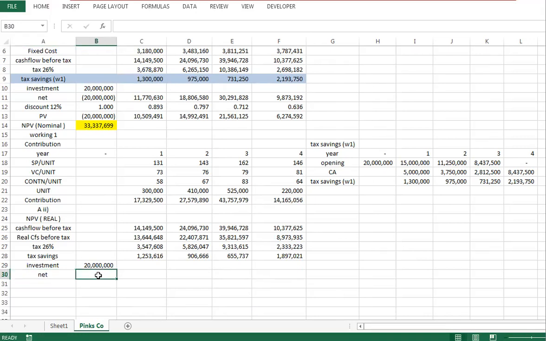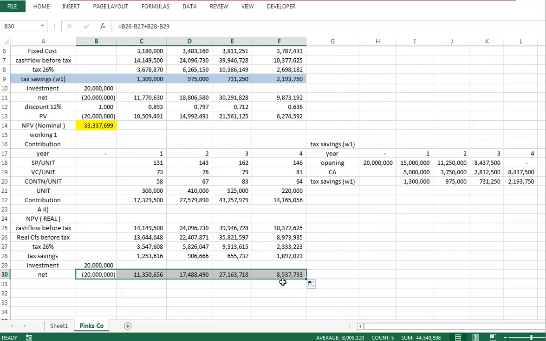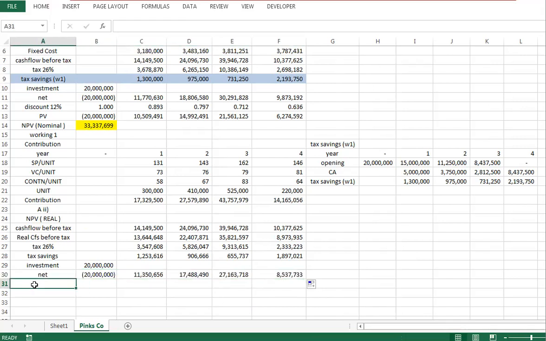So net figures will be the real cash flows minus the taxation row plus the tax savings minus the investment. So all the outflows will have a minus sign, and then we can apply it on all the cells. So we'll have all the net figures, and then we'll calculate the present values.